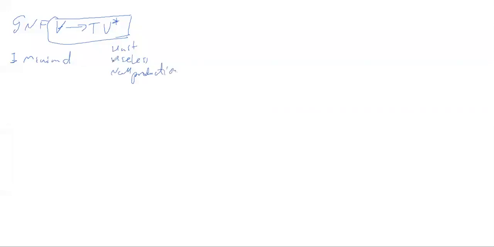We should eliminate everything from the grammar: if there is any unit production, any useless symbol, any null production, we should remove it, and the grammar should be in minimal form. So we should ensure that. That's the first step. If it is not in minimal form, we have to convert it into minimal form.